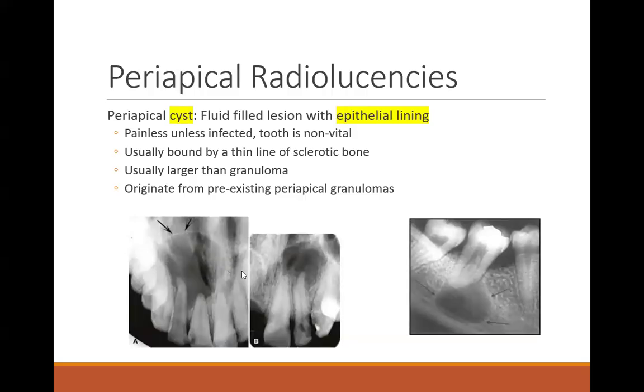You can see this thin line of sclerotic bone around the cyst, and it's usually larger than a granuloma, originating from pre-existing periapical granulomas. So this is different than your traditional caries causing a periapical abscess. This is almost like a reaction to some cells, cells acting abnormally, essentially.